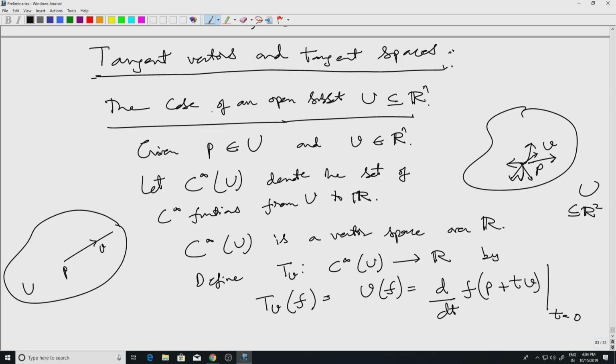So this will be contained in set U, and then I have this function f. So I restrict f to this straight line and then take the usual one variable derivative. So in short, it's just the directional derivative.